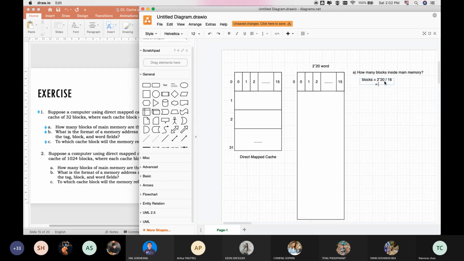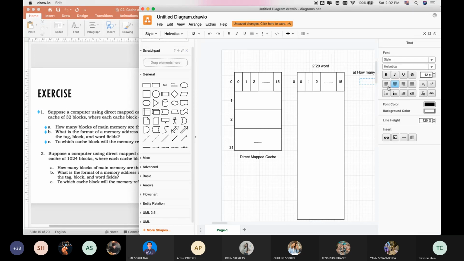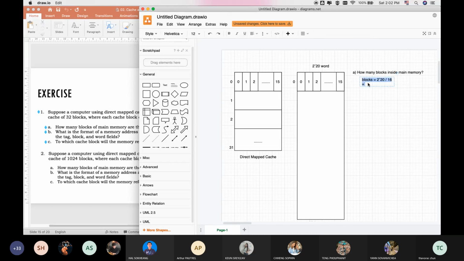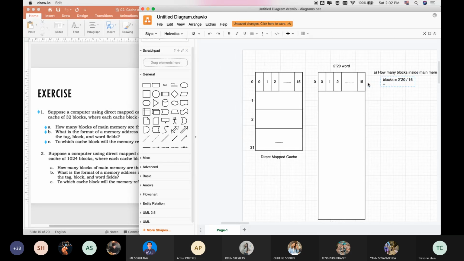And then we need to find the result. So 2 power 20 divided by 16.